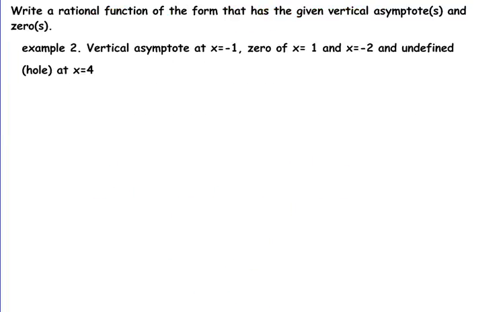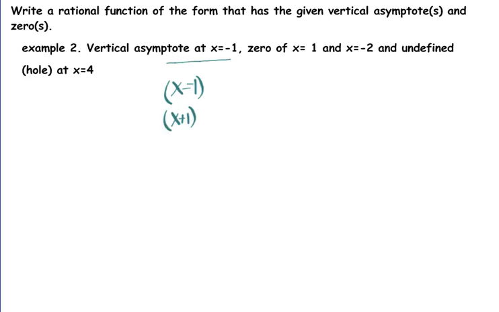Let's try one more, and after we do this, I will be signing off and you'll be able to start on your homework. So, again, I have a vertical asymptote at x equals negative 1. I still have to find the factored form, so x minus h. Well, I could rewrite that as x plus 1, as the two negatives make a positive.